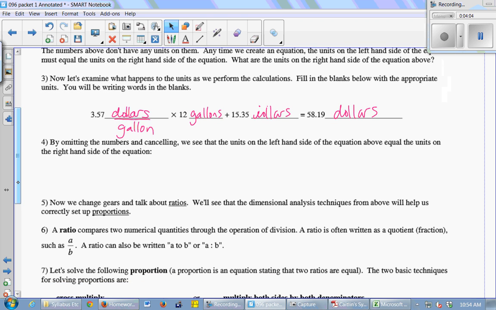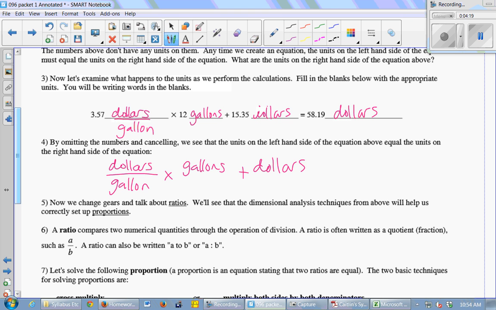So I'm going to write out, I have dollars per gallon times gallons plus dollars. Okay. If you multiply dollars per gallon times gallons, you have gallons on the top and gallons on the bottom, and those cancel. So you end up with dollars plus dollars, which equals dollars. So this is called dimensional analysis, where you write out just the units and see if anything cancels.